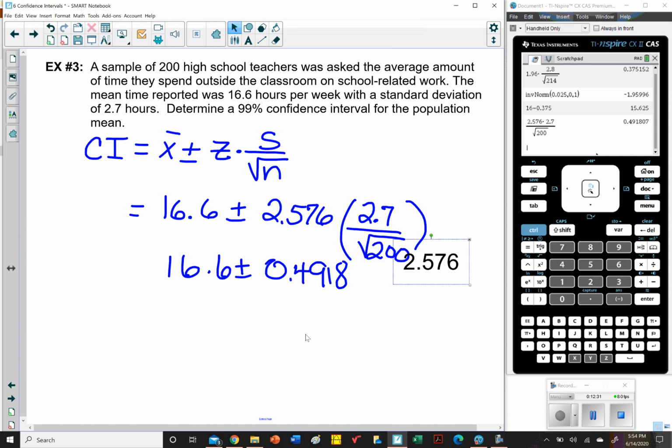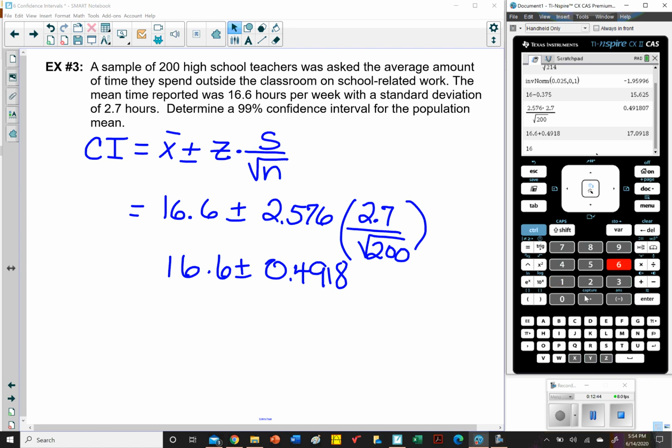So our confidence interval is between 16.6 plus 0.4918 and 16.6 minus 0.4918. So somewhere between 16.11 and 17.09. So let's write it in a sentence here.